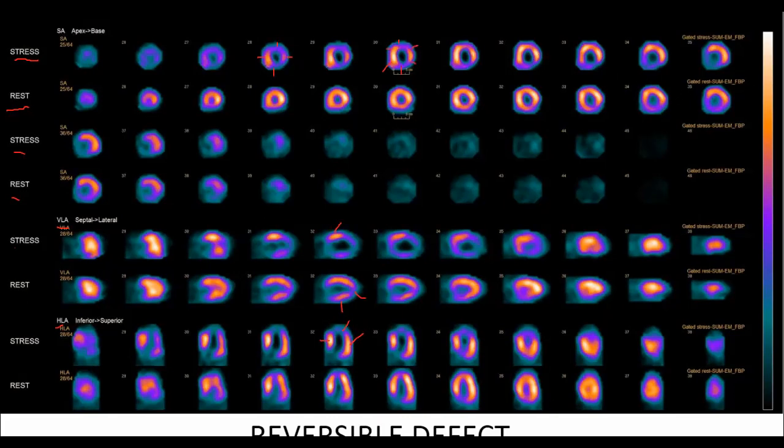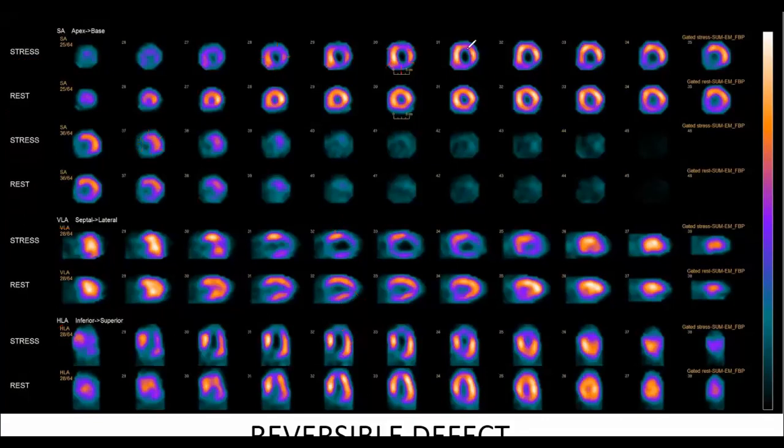And then as we move further, we come to the base of the heart, where this is going to be anterior, anteroseptal, inferoseptal, inferior, inferolateral, and anterolateral. At the basal level, the septum is not clear because here it turns from muscular into membranous septum, and membranous septum is not going to have a good uptake. That's normal. That's not a defect.